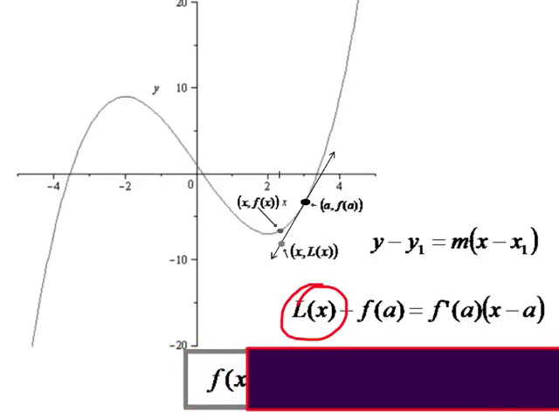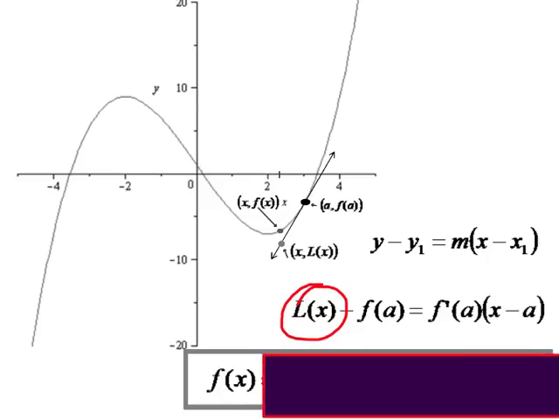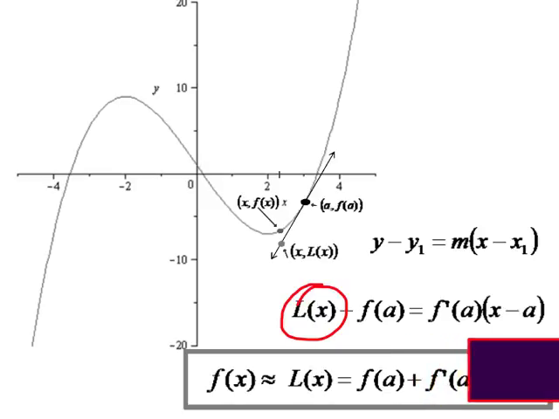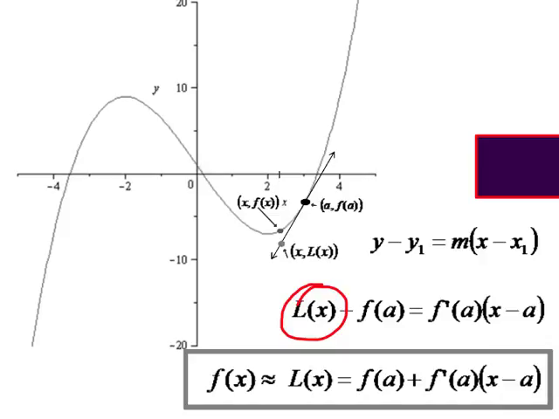So your L of x, which approximately equals f of x, equals f of a plus f prime of a times x minus a. And that's where it comes from. So again, it's just from the point slope form of a line. You can very easily derive what's called a linearization, which is a really important AP topic.